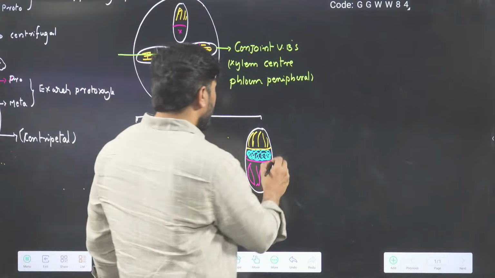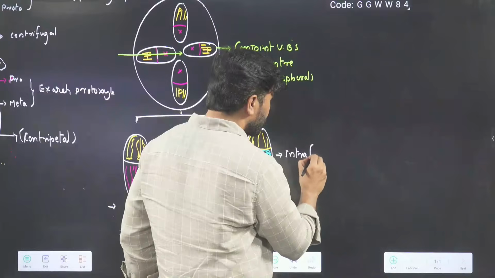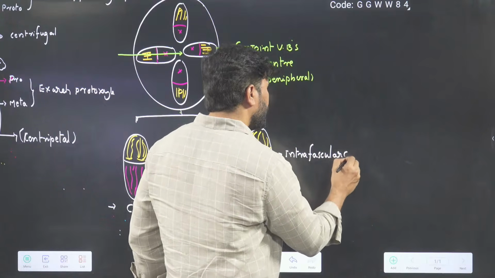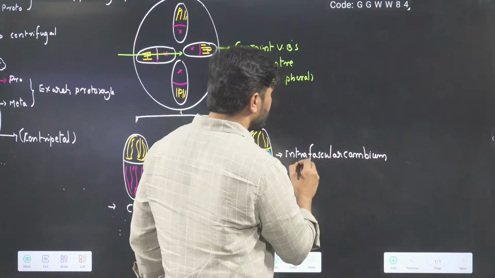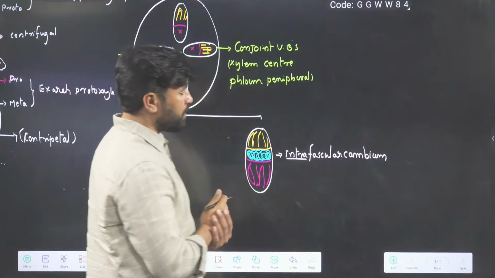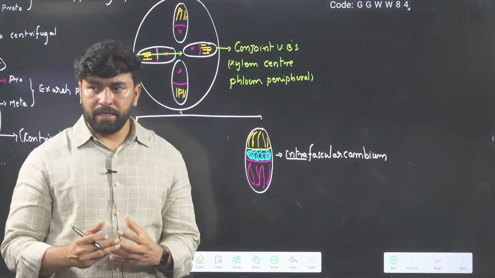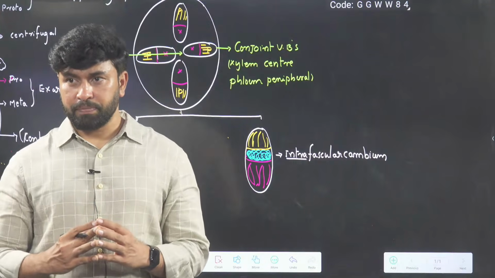Intrafascicular cambium: when I was talking about meristems, I mentioned this at several places. At the time, I also said intrafascicular cambium is a kind of primary meristem.